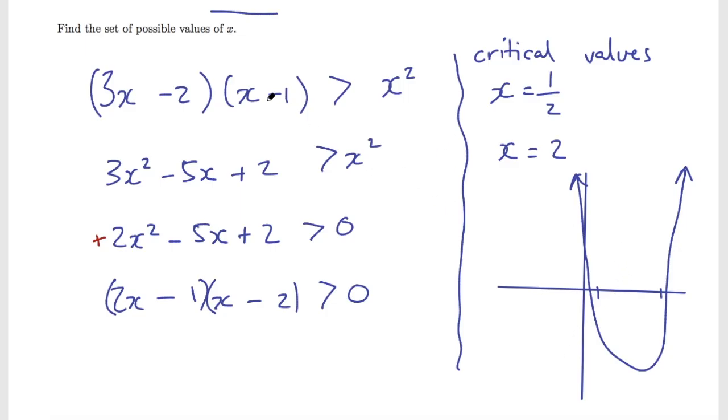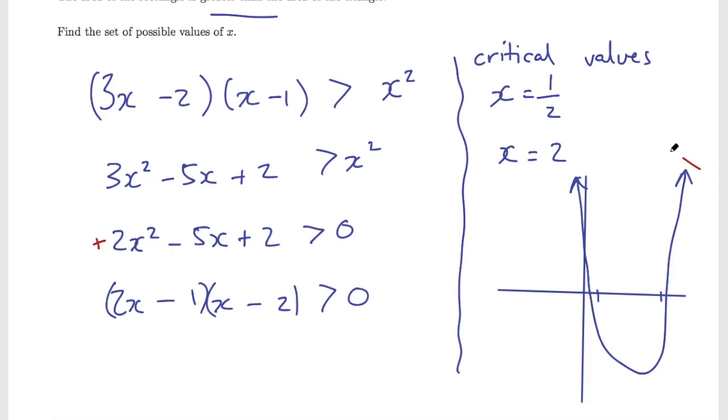And so we need the values of x when this equation is greater than 0. So when this curve is above the x-axis. And you can see in this image, when the curve is above the x-axis, it's when x is less than a half, and when x is greater than 2.